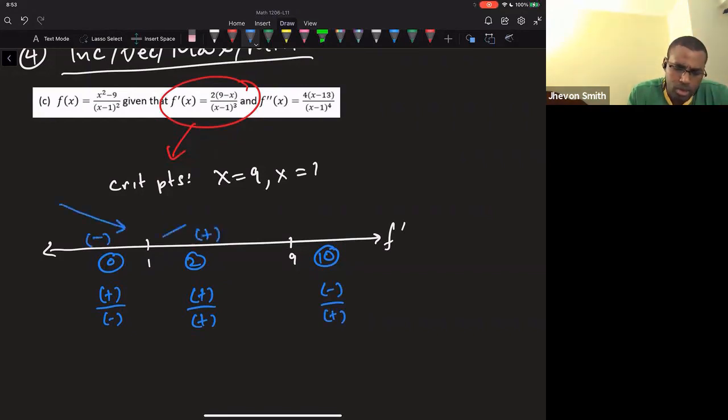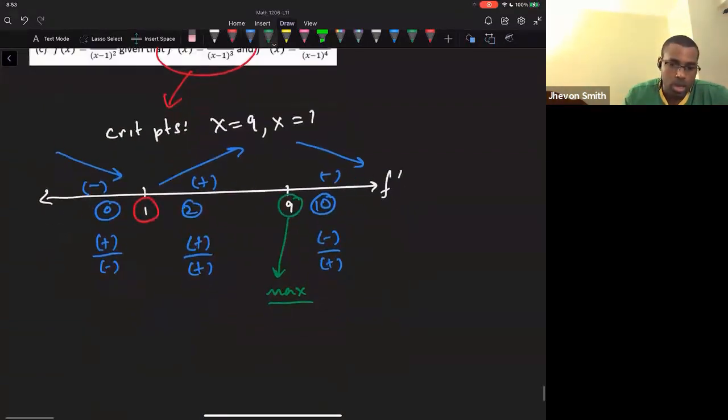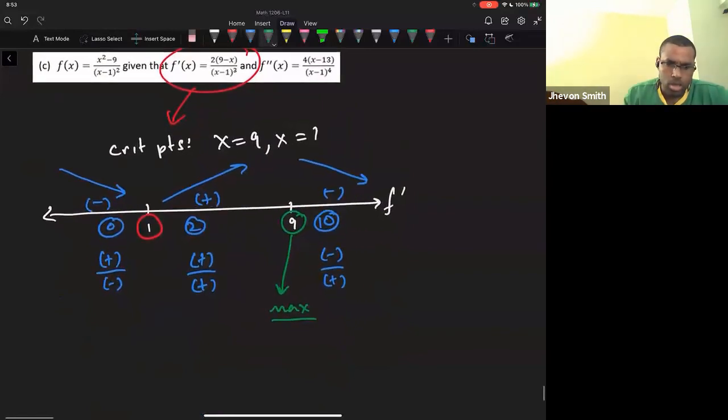Here this is positive, which means increasing. And here this is negative, which means decreasing. Now, 1 is not in the domain, so that's nothing, but 9 is in the domain, so that's a max. We'll notice that y would be equal to 9 squared minus 9 over 9 minus 1 squared.